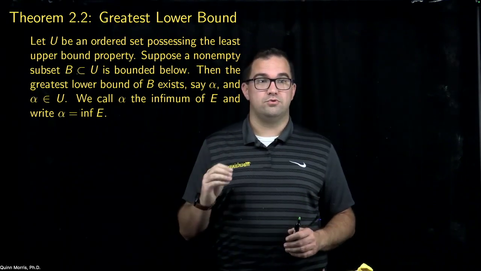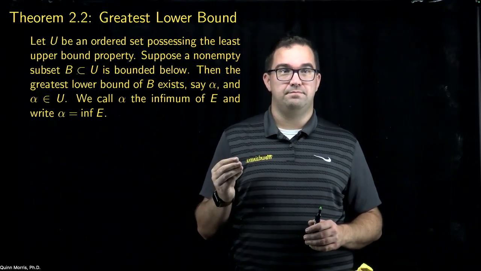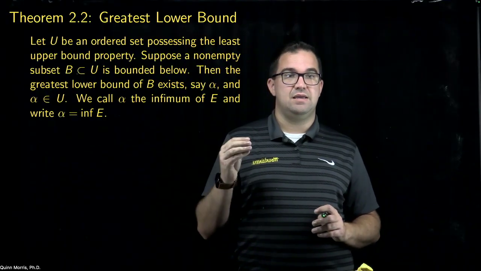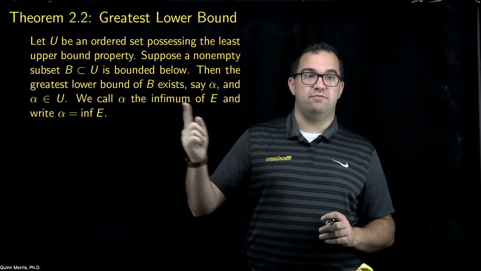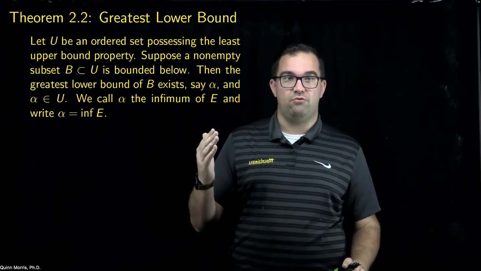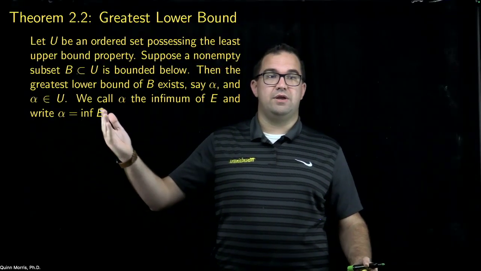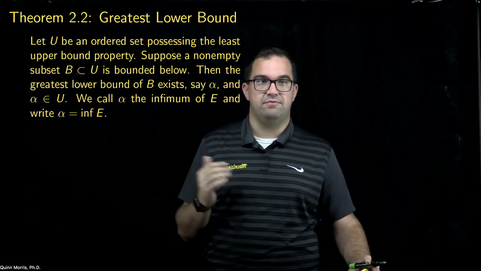If U is an ordered set which possesses the least upper bound property, and suppose I have a non-empty subset B, which is bounded below, then the greatest lower bound of B exists. We'll call that alpha, and that element is in your set U, and we call alpha the infimum of E and write alpha as infimum of E.